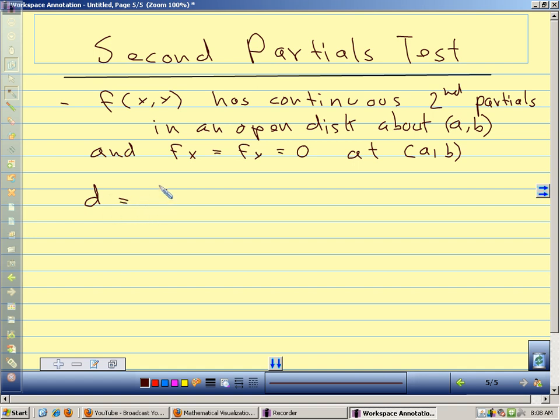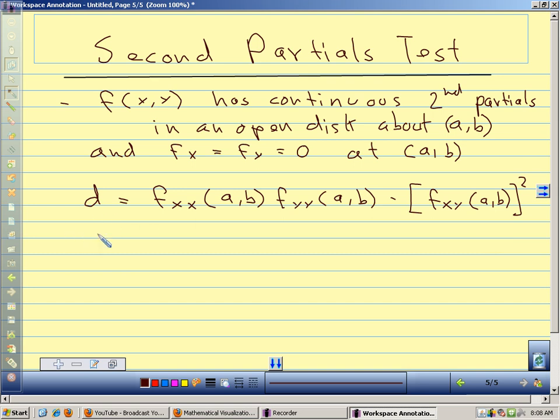D is going to be f sub xx at (a, b) times f sub yy at (a, b) minus f sub xy at (a, b) squared. So that's our discriminant. This is what we're going to use for our second partials test.